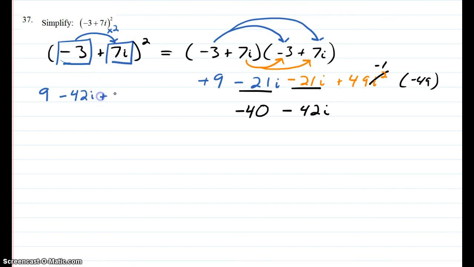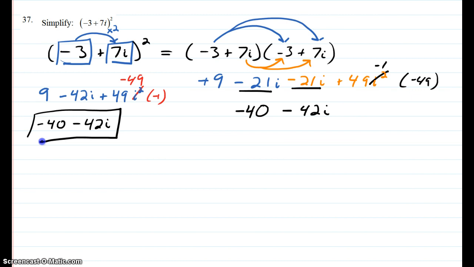So that gives us positive 49i squared. Same thing, this becomes negative 1, this becomes negative 49, 9 and negative 49 gives us negative 40 minus 42i. It's great if you remember the shortcut, but if you don't, you can always just expand it and multiply it out.